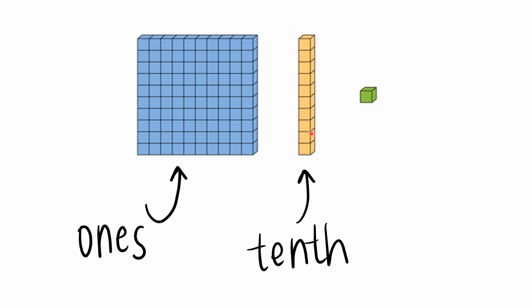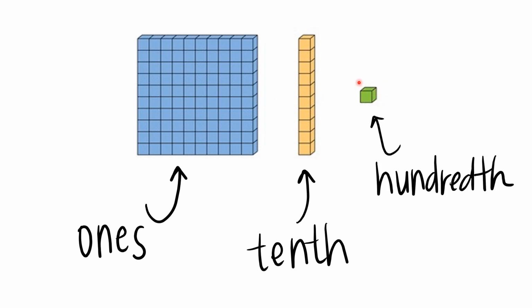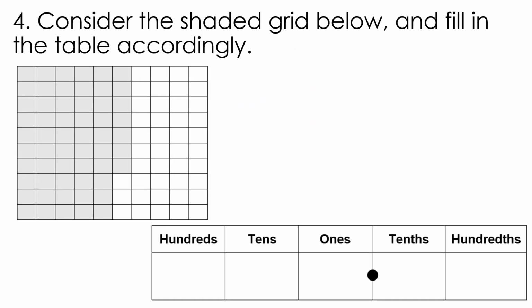It takes 10 of those tenths to make a 1. And then lastly, our unit is going to be a hundredth because it takes 100 of those to make up a 1. All right, so flat is our ones, rods are our tenths, and our units are hundredths. All right, so let's practice.